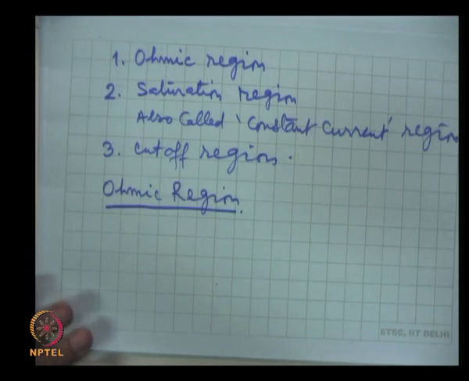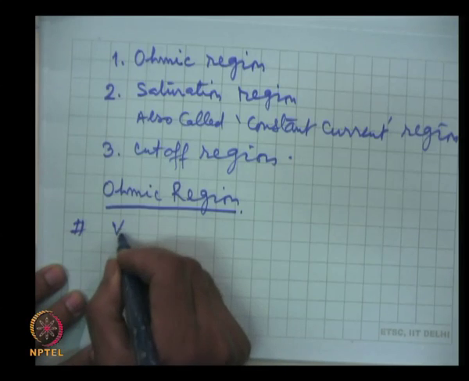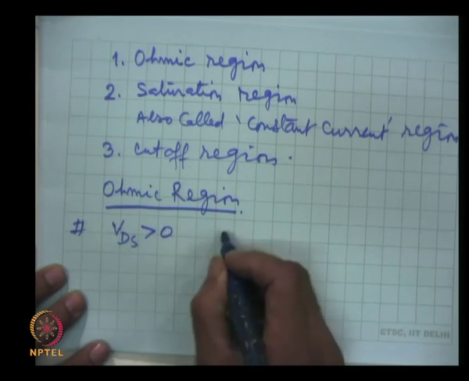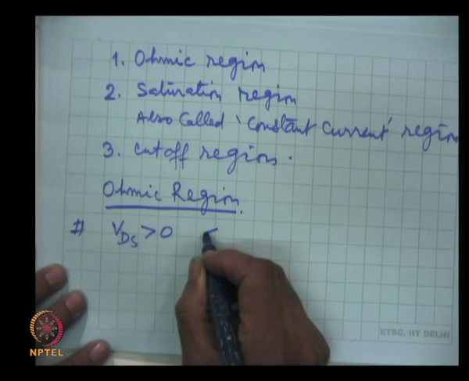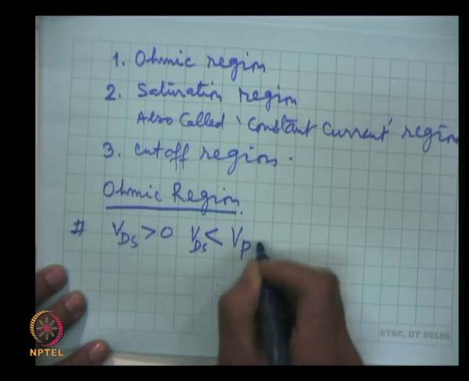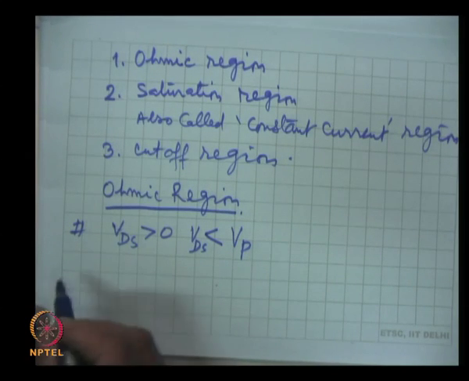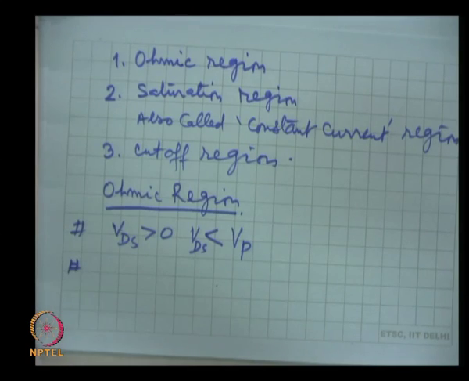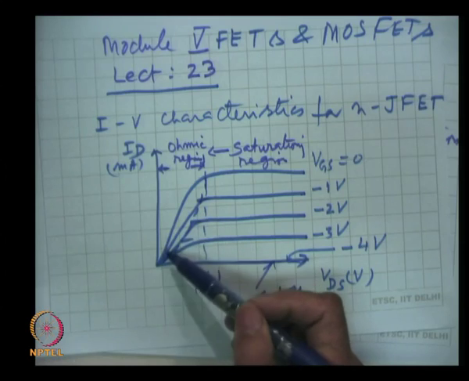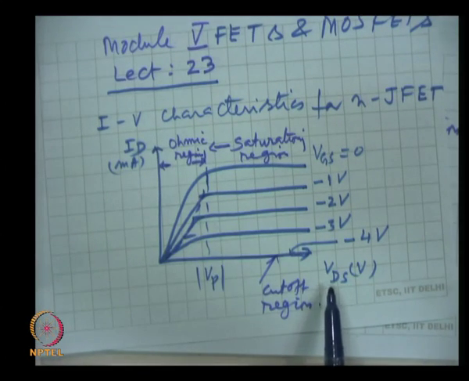The Ohmic region, obviously, is VDS values greater than 0 and less than Vp, the pinch off voltage. Here we see from the plot that current varies linearly with the change of VDS voltage.